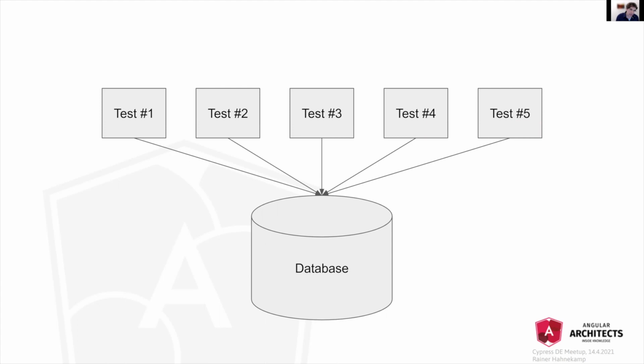So what we are introducing here is a tight coupling, or you can say dependencies between these tests. And this is very bad, because we know already from normal application development that as soon as everything depends on each other, we will not come very far in terms of code size.